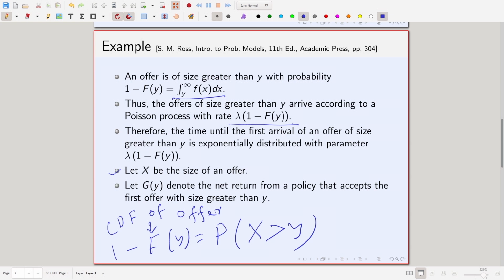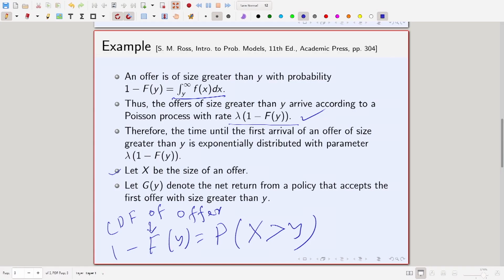Here we are using again the concept of Poisson thinning, because an arriving offer will be greater than y with probability 1 minus F(y). Offers are arriving according to rate lambda. Think of an offer as being of type 1 if it is greater than y.